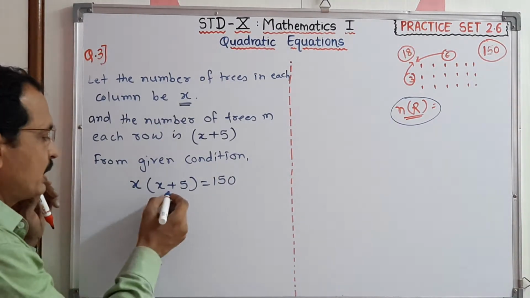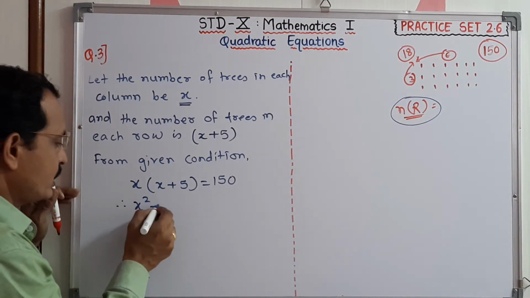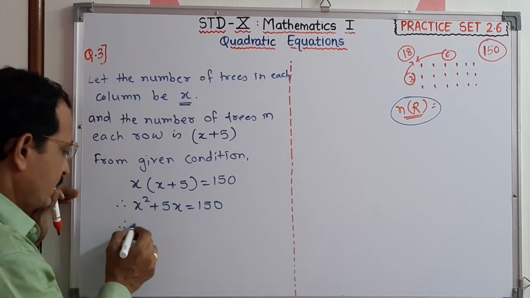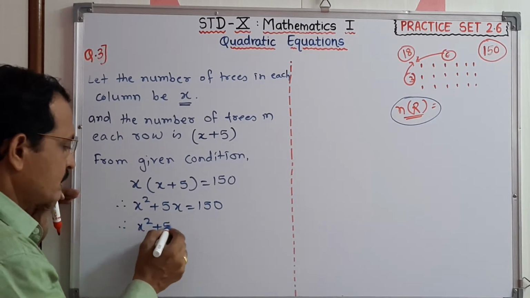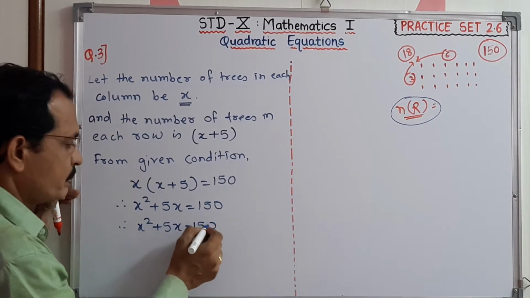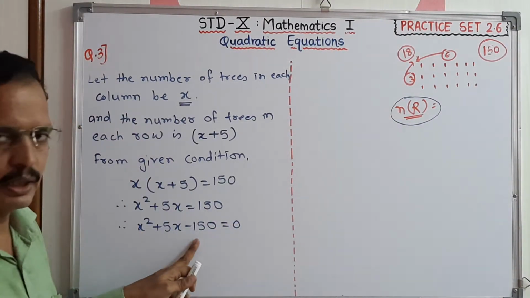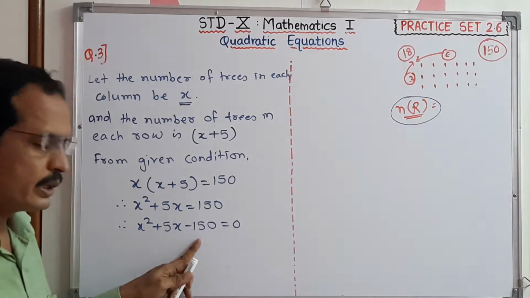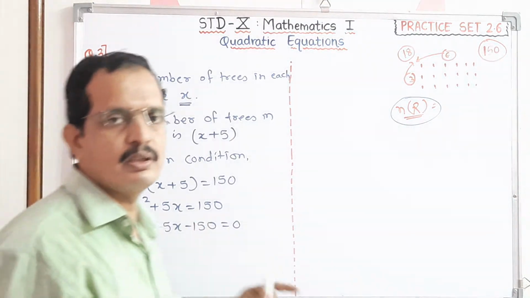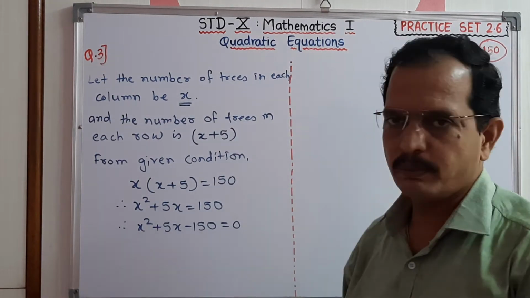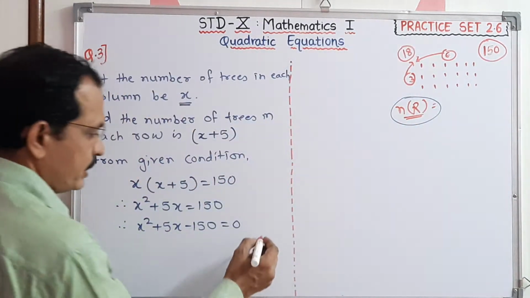Now make the multiplication of this. x square plus 5x is equal to 150. Therefore it is x square plus 5x minus 150 is equal to 0. This is our required quadratic equation. We have to solve this by the factorization method, and for that purpose we have to factorize this 150. It is minus 150.